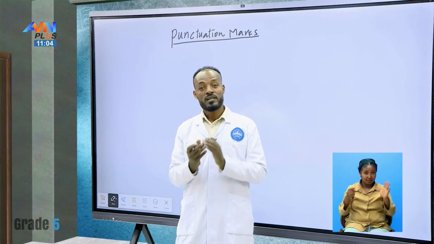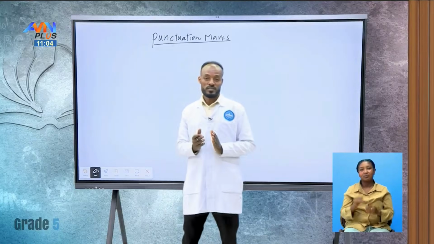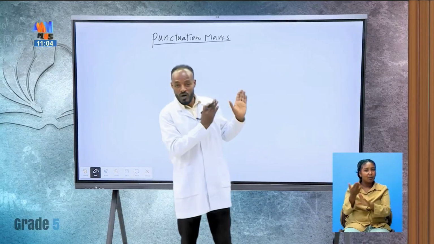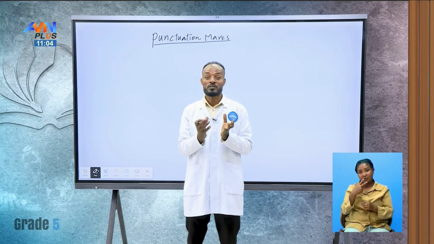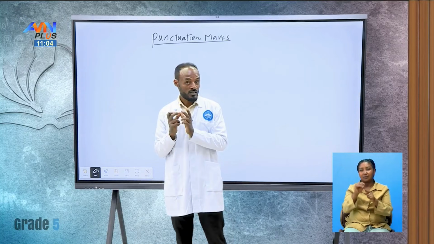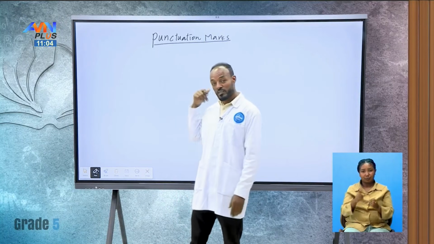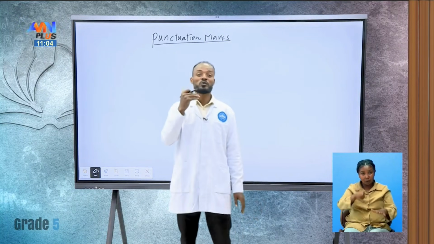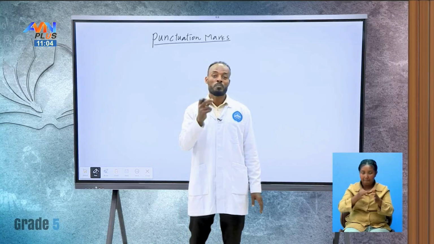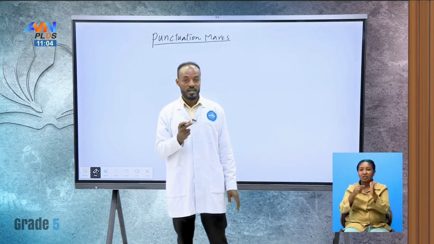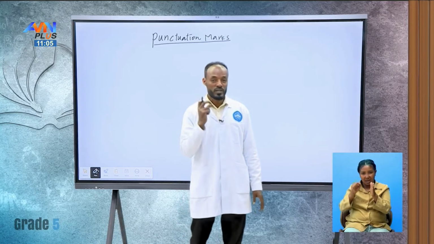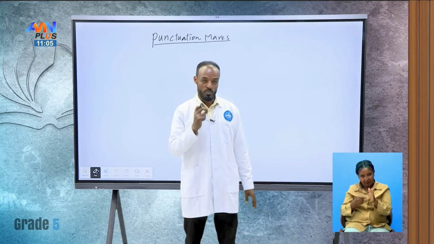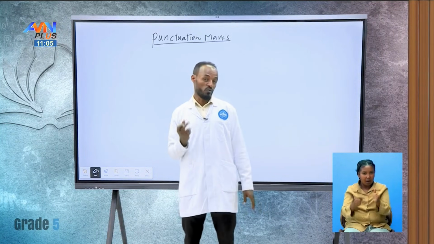Clear? Good. Students, before we go to today's lesson in depth, we have to say something about the objective of the lesson. At the end of today's lesson, we are going to describe punctuation marks like comma, colon, semicolon, quotation mark, apostrophe, and so forth.